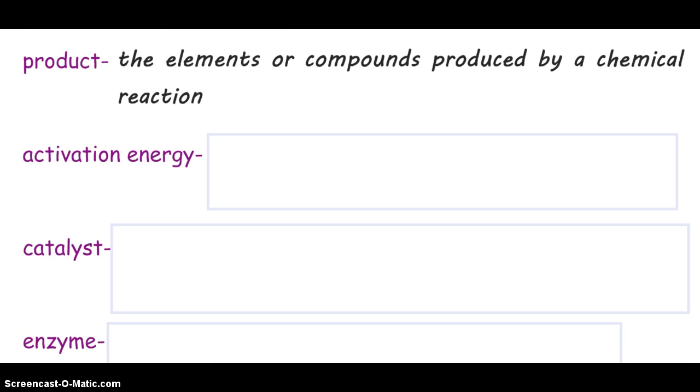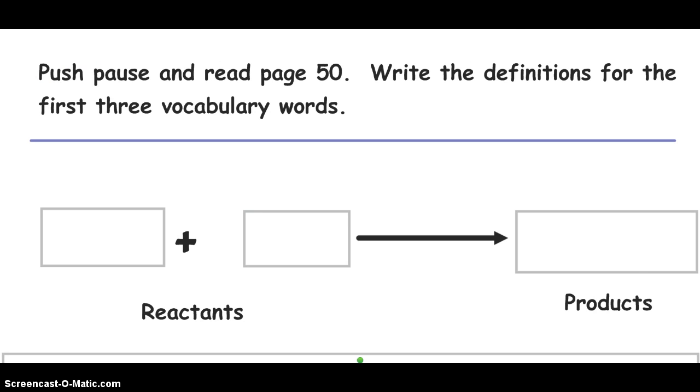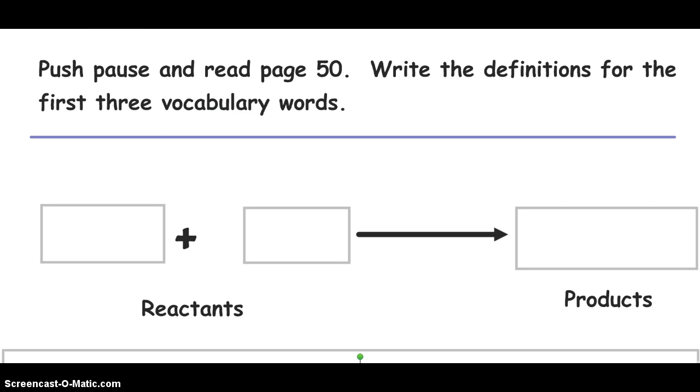Okay, so let's get back to where we were here. So you guys should already know the reactants and the products. So here's the reactants on one side of our equation, and here are our products. And if we take a look on page 50, one of the examples that it talked about was with our blood.